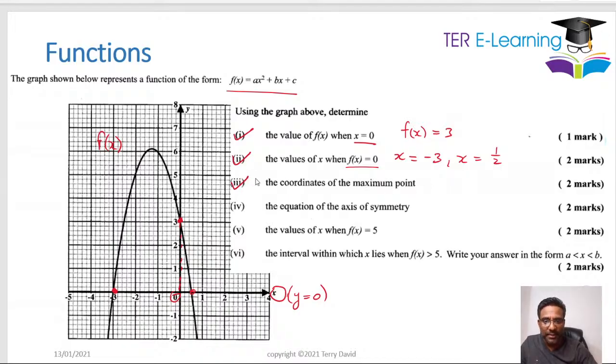The next part, they want to know the coordinates of the maximum point. Can you all tell me from the graph, I hope you can see it, what are the coordinates of the maximum point?